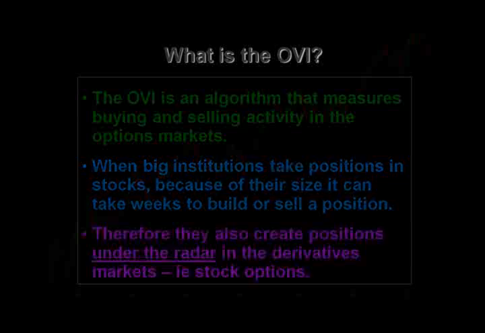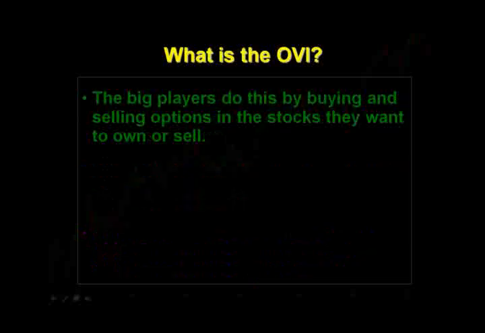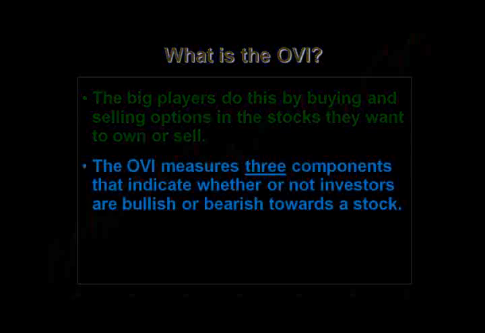Sometimes they don't want to take that long, so they accelerate this buying or selling activity in the derivatives markets by buying or selling options. And the way they do it is they buy or sell the options in the stocks that they want to own or sell. So far, so good.